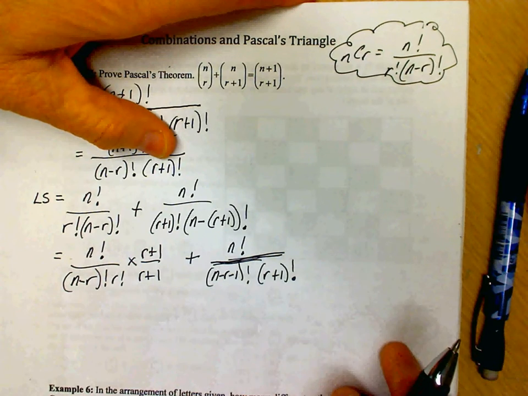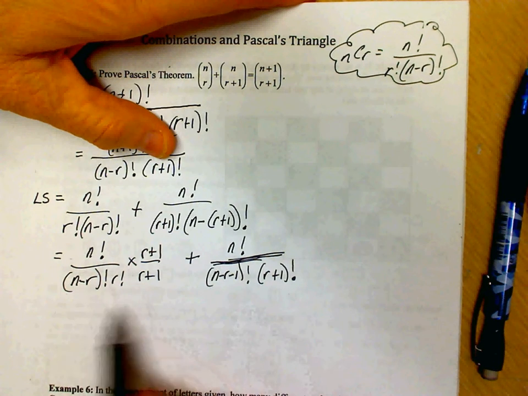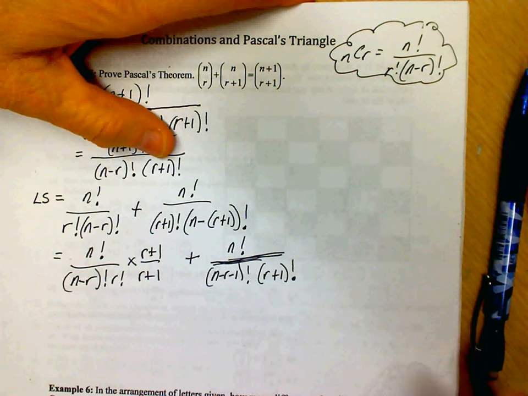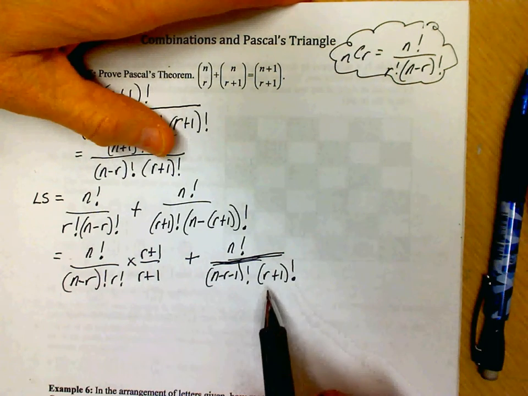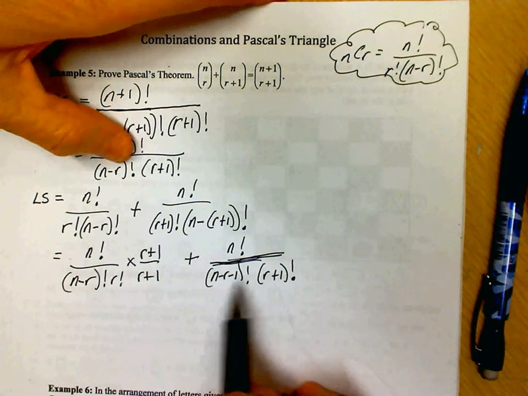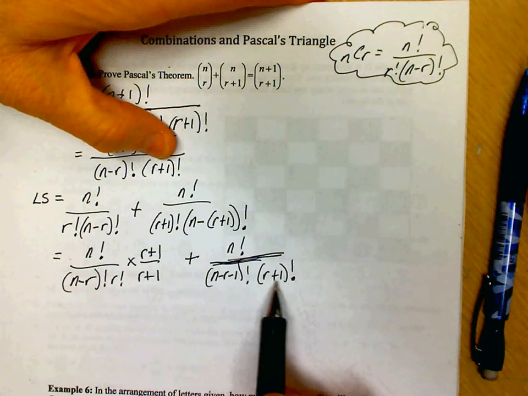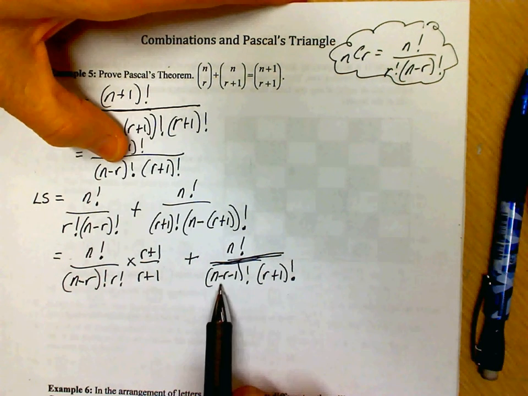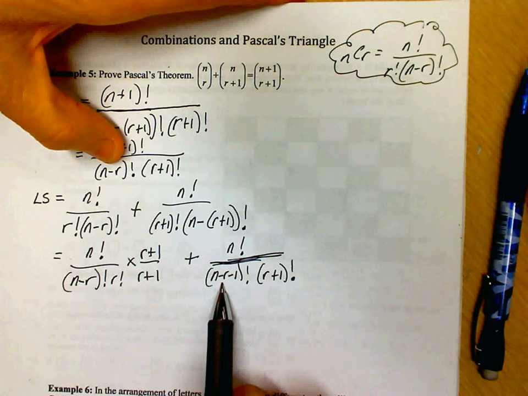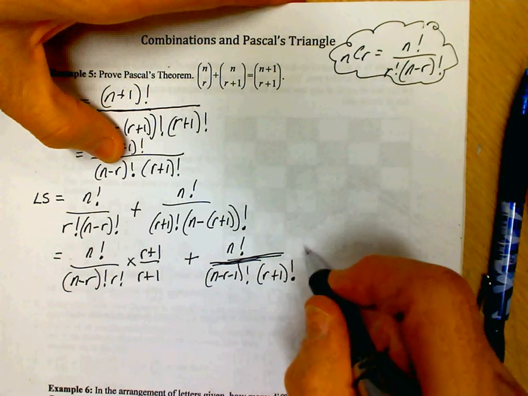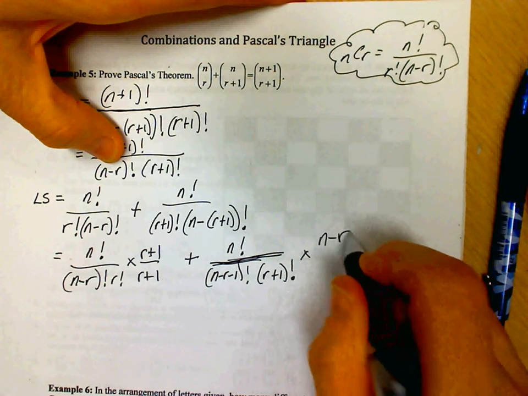It's going to look different, but I'm not changing the value. Now, comparing this one to that denominator, I have the r plus 1 factorial, but I need to get this one to n minus r factorial, so I'm going to multiply by n minus r over n minus r.